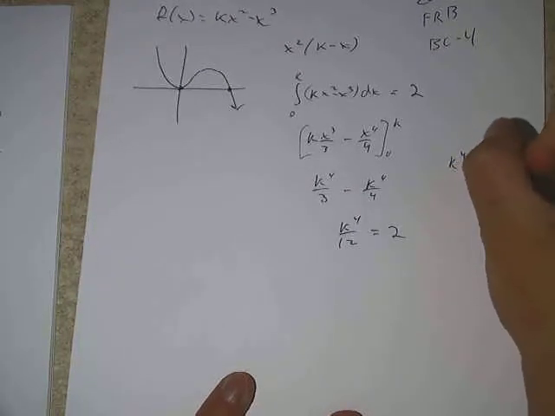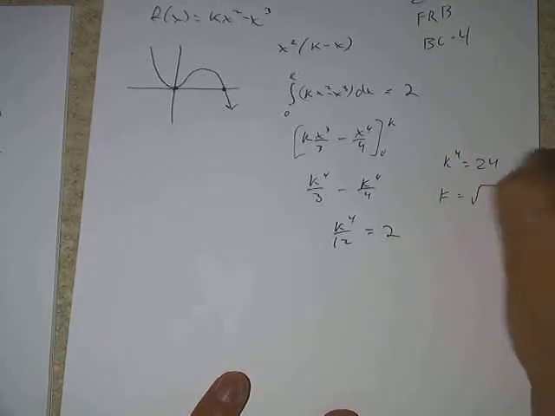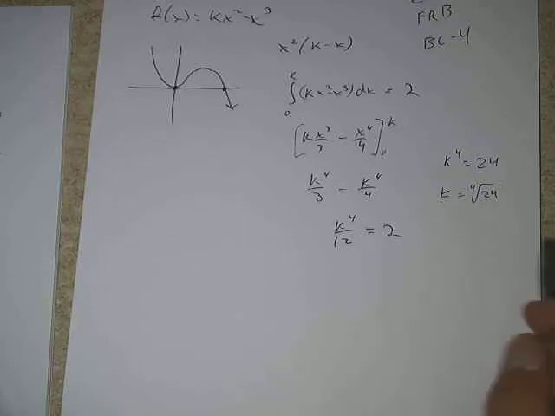So if we solve that and multiply by 12, we get k to the 4th equals 24. So k would be the 4th root of 24. And 24, remember, perfect 4th powers would be 1, then 2 to the 4th would be 16, and 3 to the 4th is too big, so it doesn't have any reduction possibilities. So I guess that would do it.